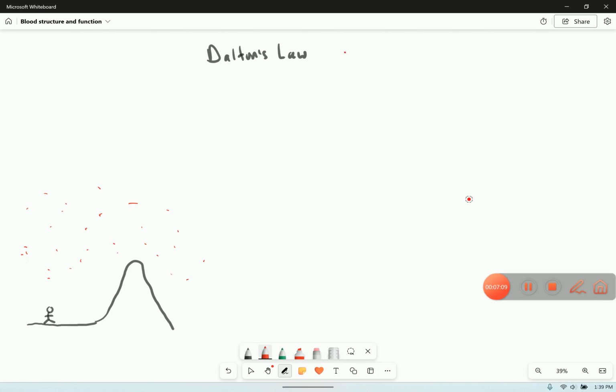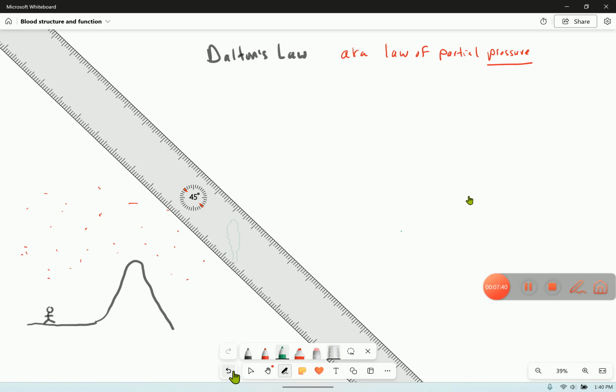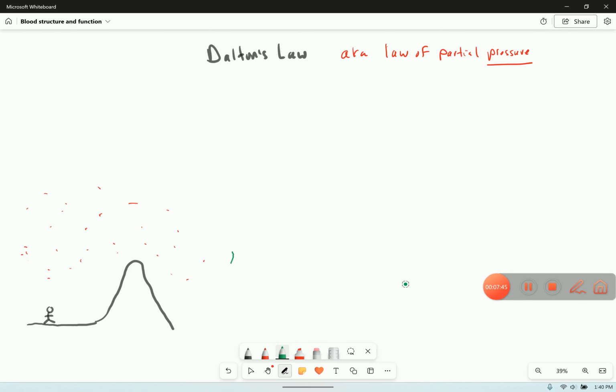And so Dalton's law is also known as the law of partial pressure. Okay, we're going to focus on that word pressure. Okay, so a balloon analogy is, I think, a good analogy. So here, this is going to represent a deflated balloon. Okay, so there's our deflated balloon.